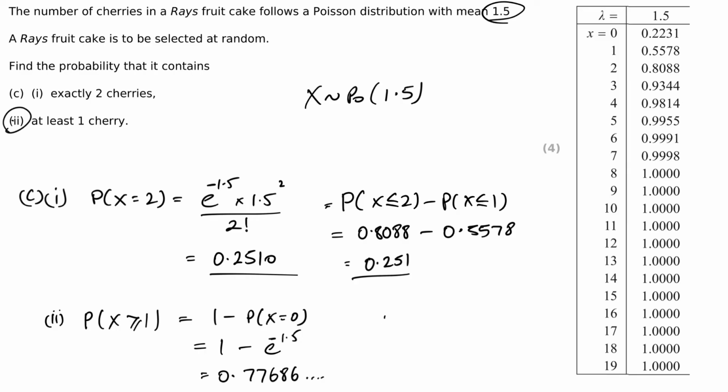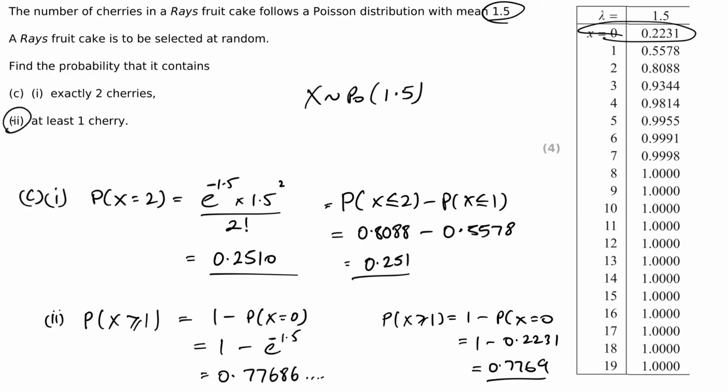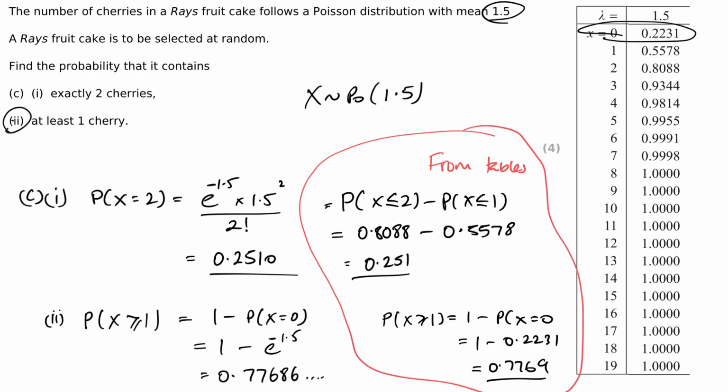But just before I do, I'm going to show you using the tables. Alternatively, 1 minus the probability where x equals 0. Here's 0 in the tables, isn't it? So we've got 1 minus 0.2231, and that gives me from the table 0.7769. So you can see now, here is all from tables. What you can see here is that this value is this value.